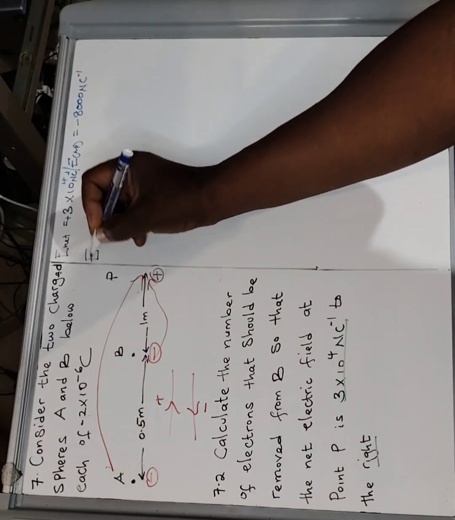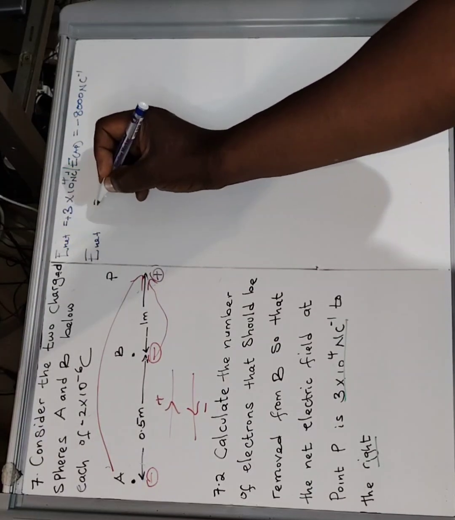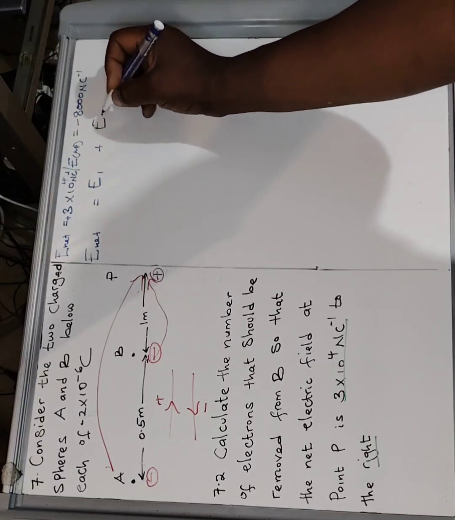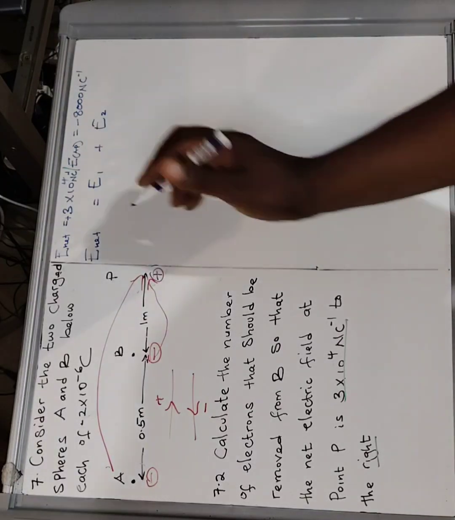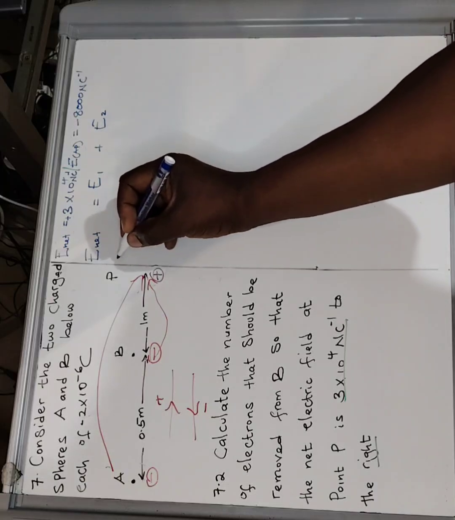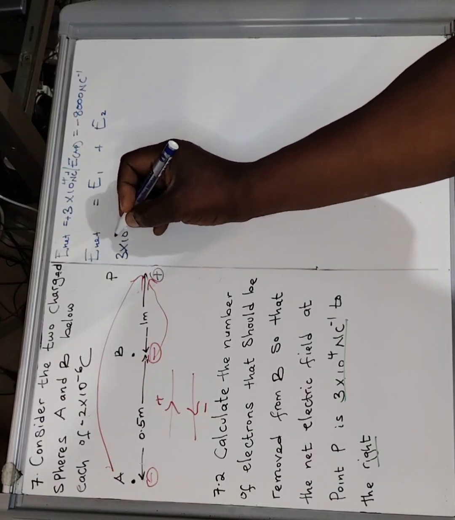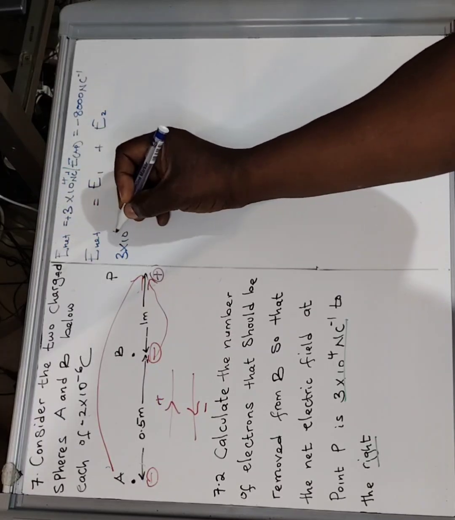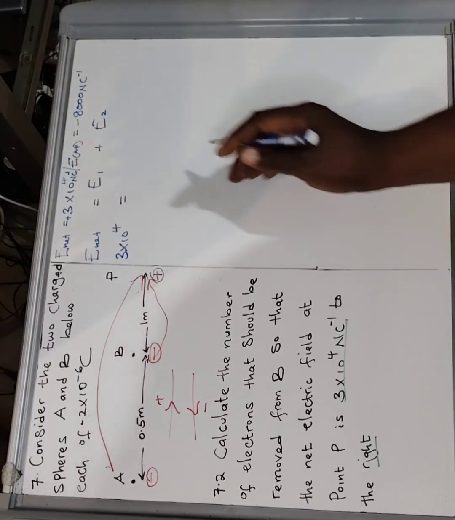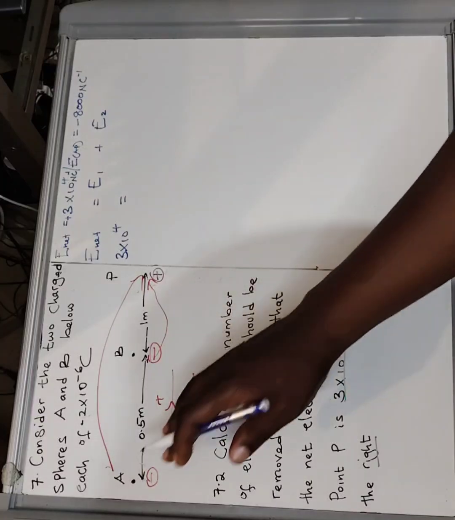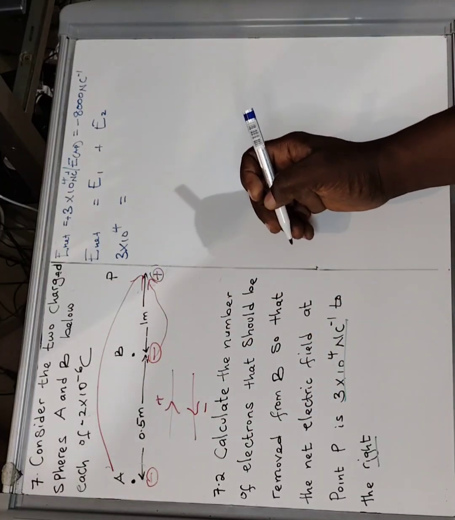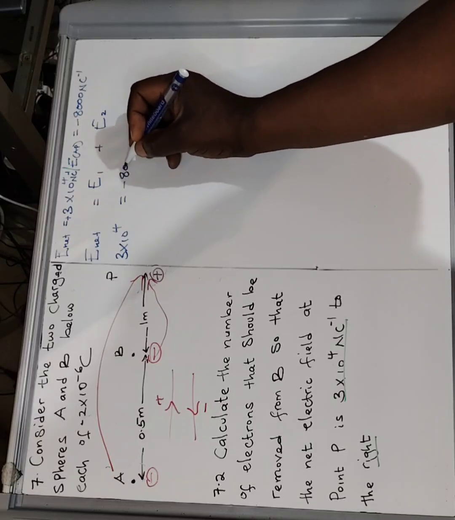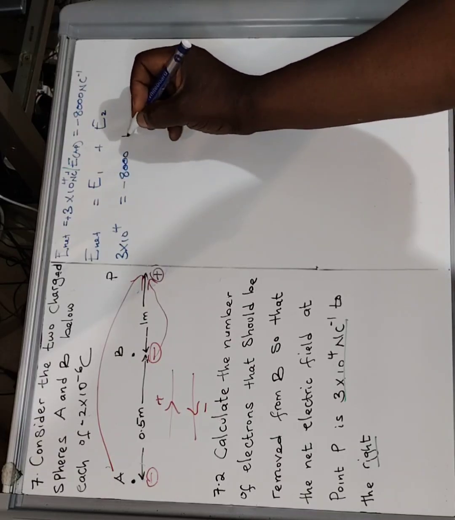It says E net is equal to E1 plus E2, where E net is 3 times 10 power 4, and suppose E1 is due to A. We already found it as negative 8,000.